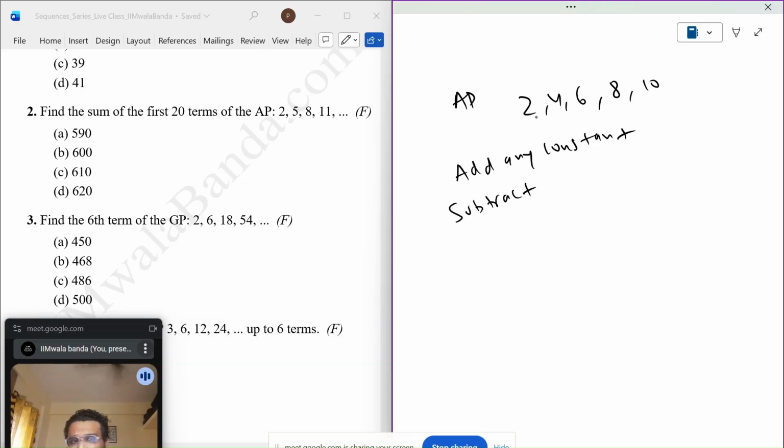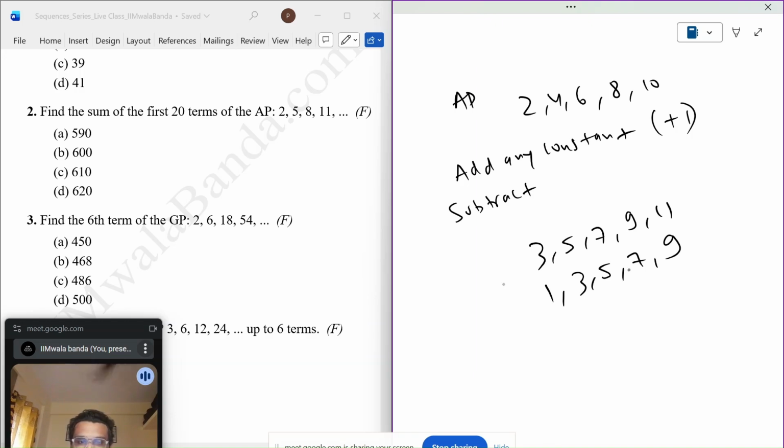If you add any constant, let's say you add 1 to everything, again, this is an AP. The difference just got added by 1. And if you subtract 1 from all the numbers, again, it's an AP. So one thing we can note is anything you add or subtract, which is a constant, to an AP, it will still remain an AP.